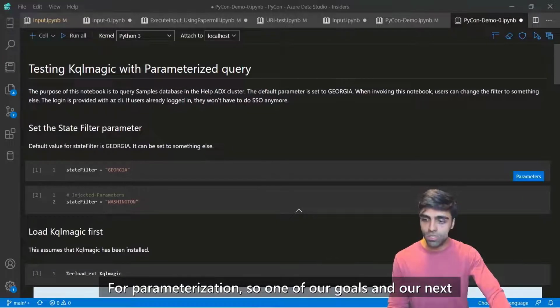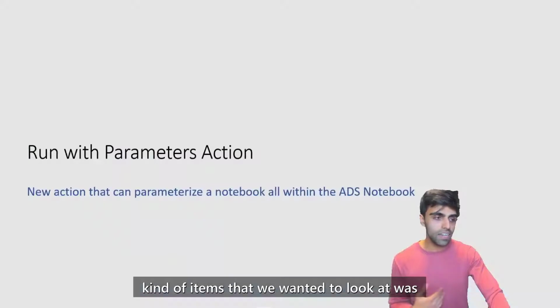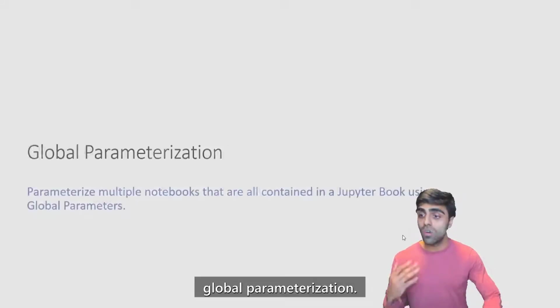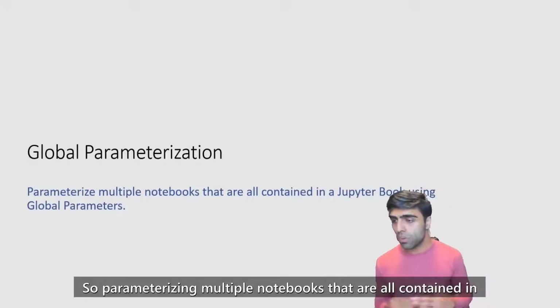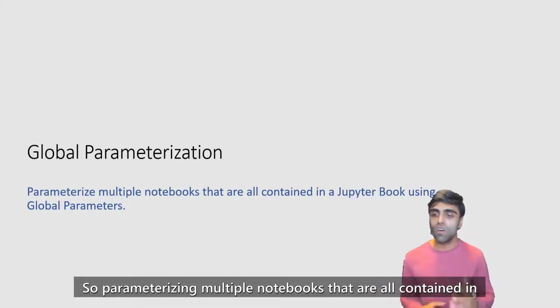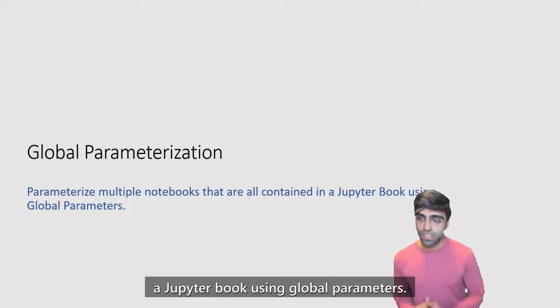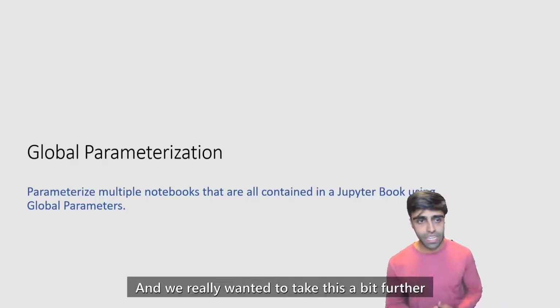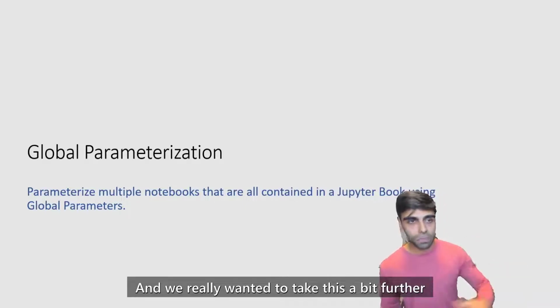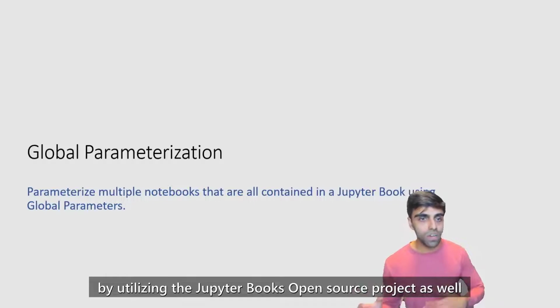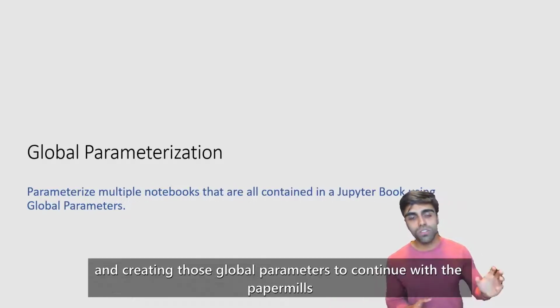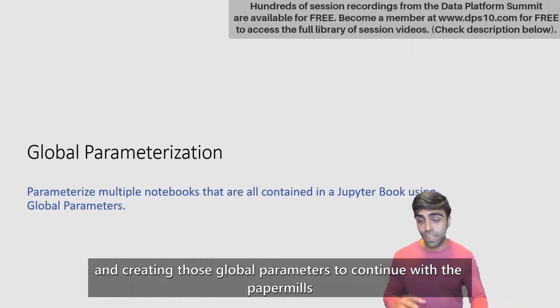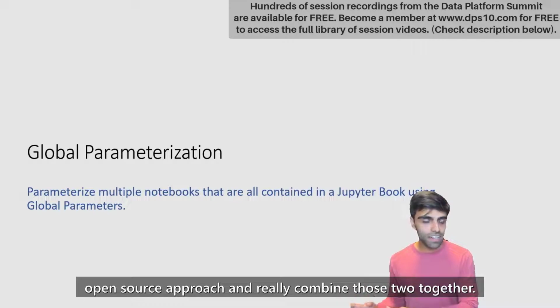So one of our goals and our next items that we wanted to look at was global parameterization. So parameterizing multiple notebooks that are all contained in a Jupyter book using global parameters. And we really wanted to take this a bit further by utilizing the Jupyter Books open source project as well, and creating those global parameters to continue with the Papermill's open source approach and really combine those two together.